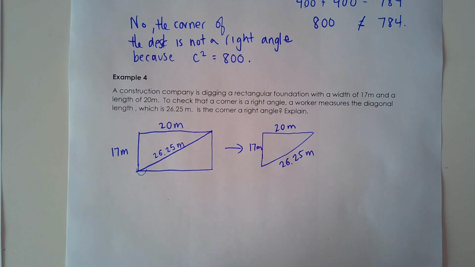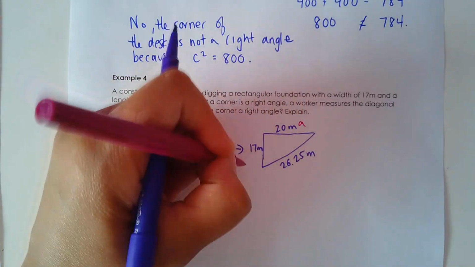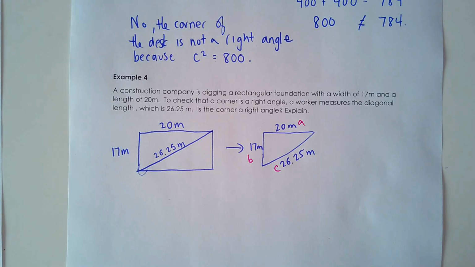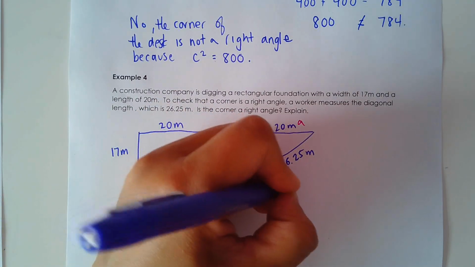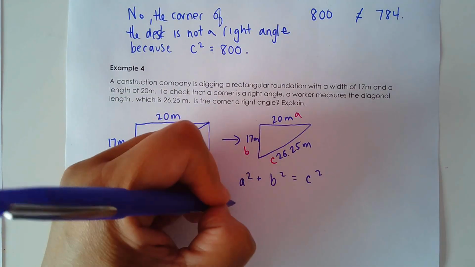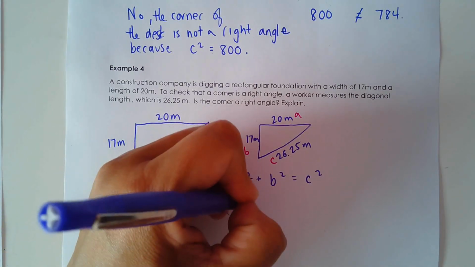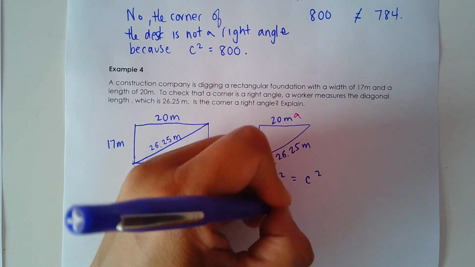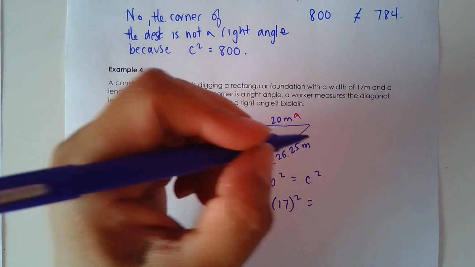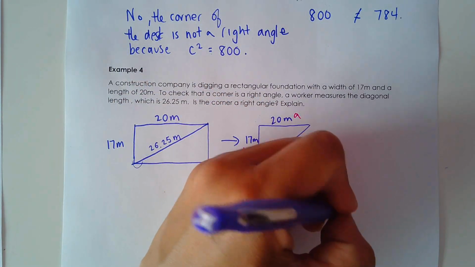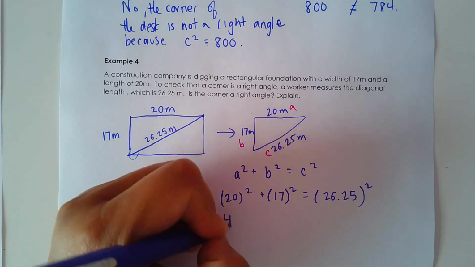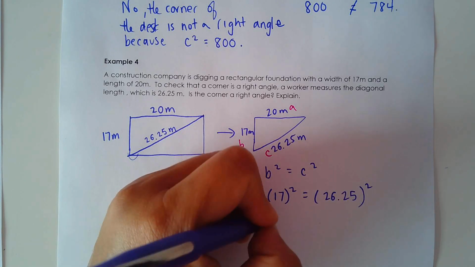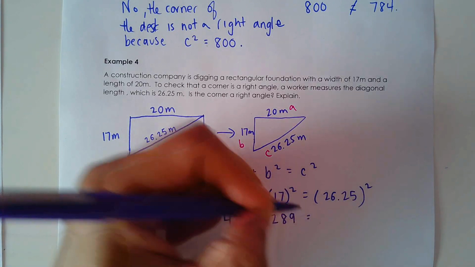And we will label the sides A, B, and C, and let's plug in the numbers. For A, I plug in 20. For B, I plug in 17. And for C, I plug in 26.25. So I have 400 plus 289.